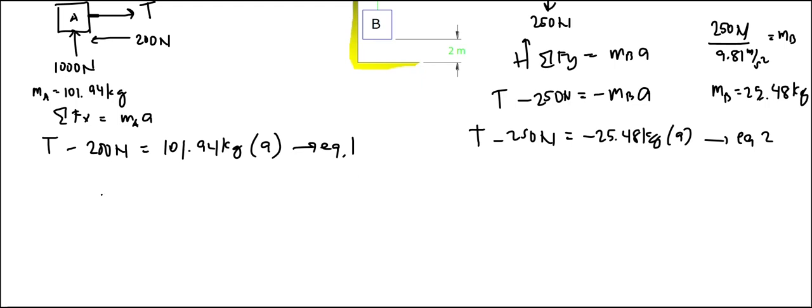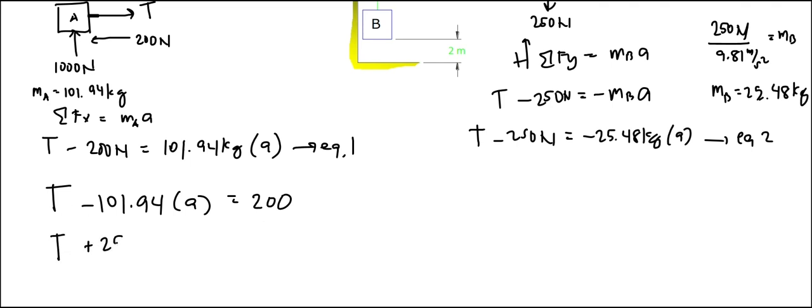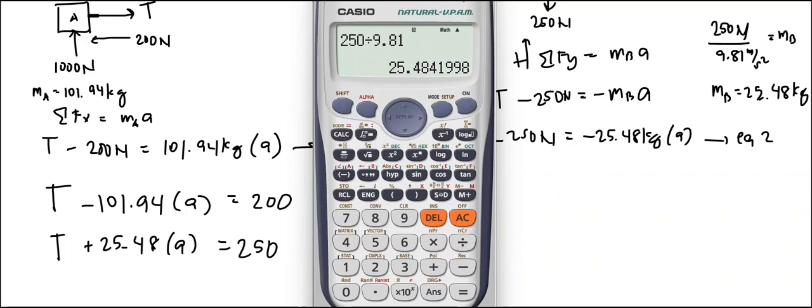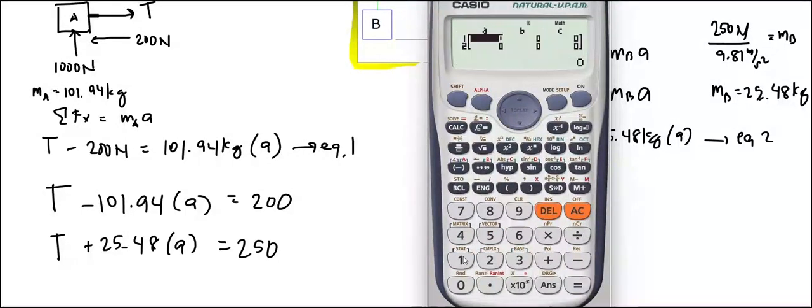Now let's rearrange these two equations. We have T minus 101.94 times A equal to 200 newtons for the first equation. And for the second equation, we have T plus 25.48 times A equal to 250 newtons. Now we can use our calculator to solve for these two variables by going to mode 5.1.